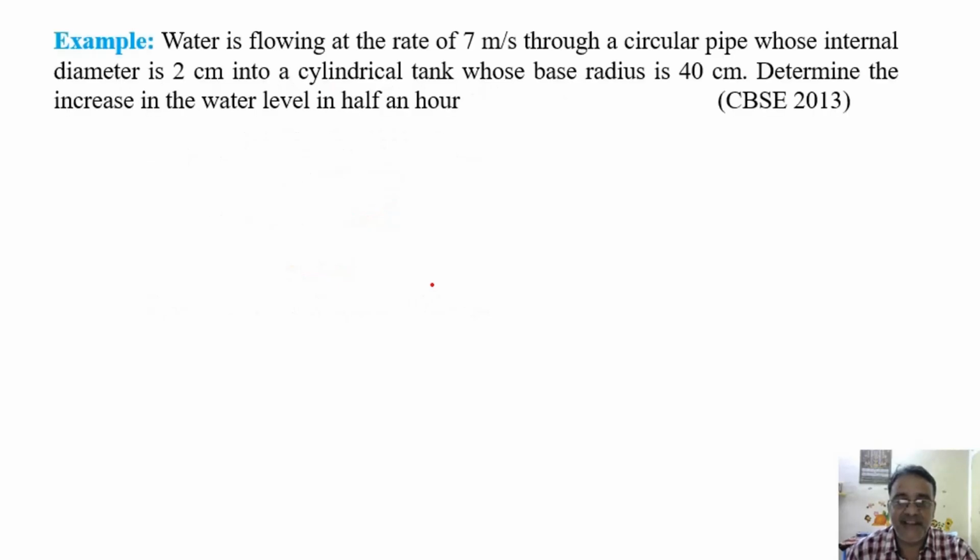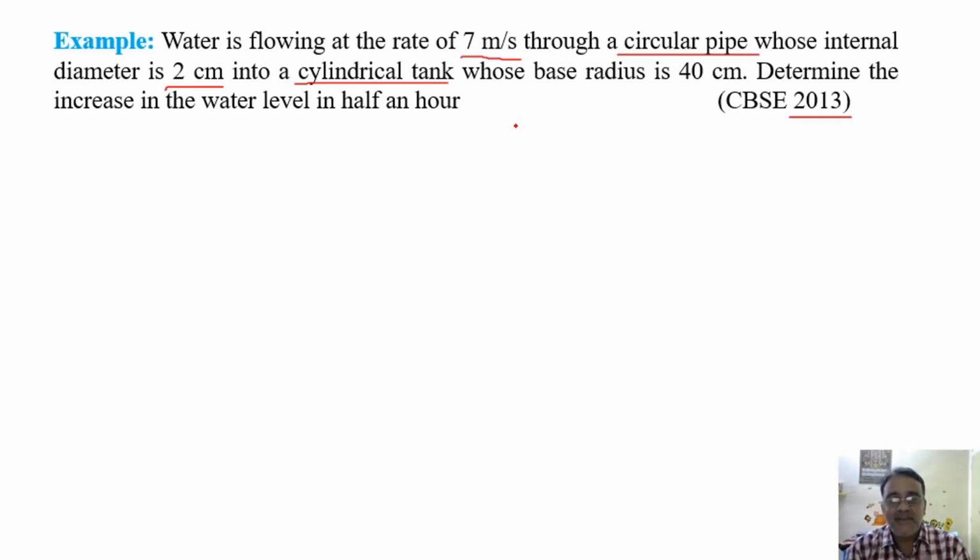Now we'll move towards next question. This is also CBSE board question 2013. Water is flowing at the rate of 7 meter per second through a circular pipe whose internal diameter is 2 centimeter into a cylindrical tank.